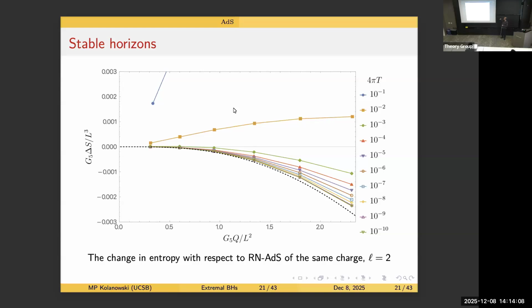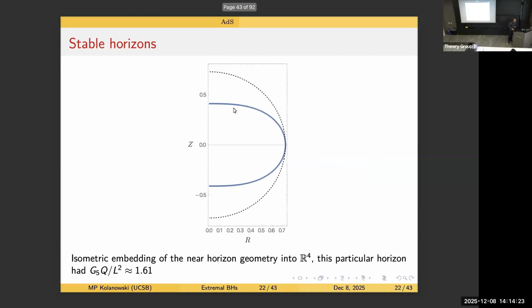Because what we think happens is that to change these boundary conditions close to extremality, you need to put some energy into the system in a way that you go away from extremality. But that's just an aside comment.